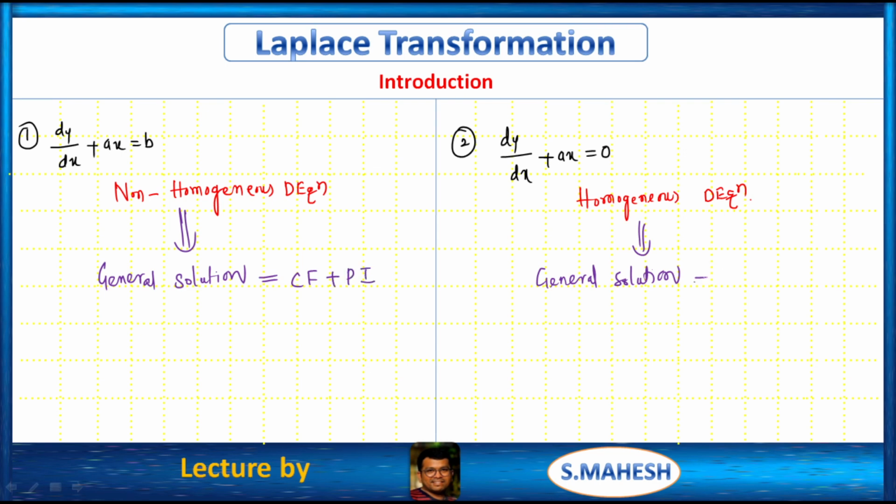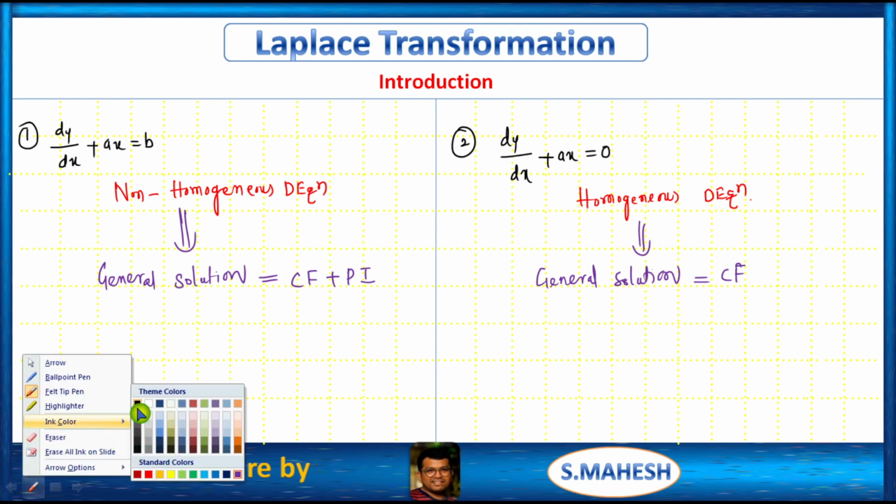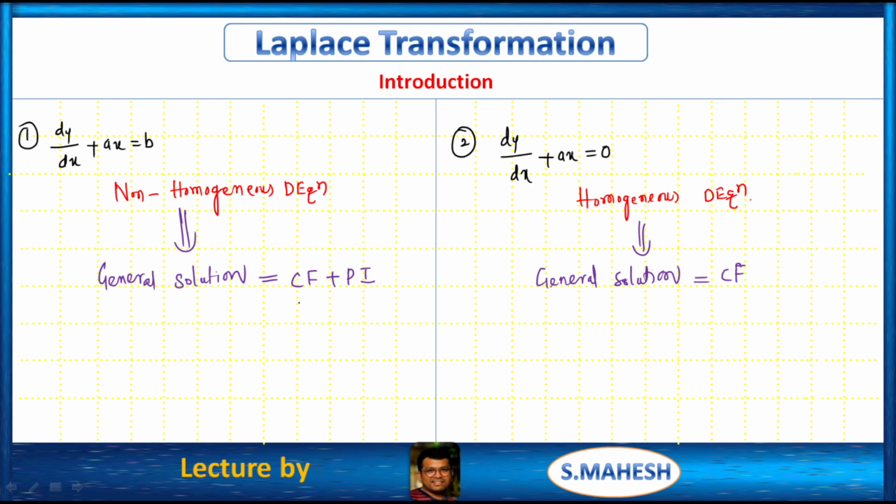For the homogeneous differential equation, we have only the complementary function. That's it. What is PI?